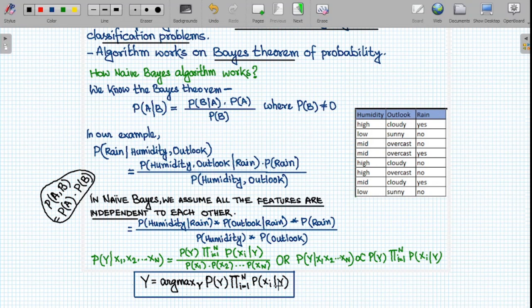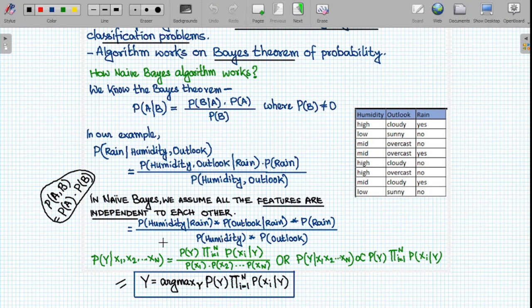Argmax is most commonly used in machine learning for finding the class with the largest predicted probability, as we are solving the classification problem with the help of Naive Bayes algorithm. Hope you have realized what is the key mathematical equation for Naive Bayes algorithm.